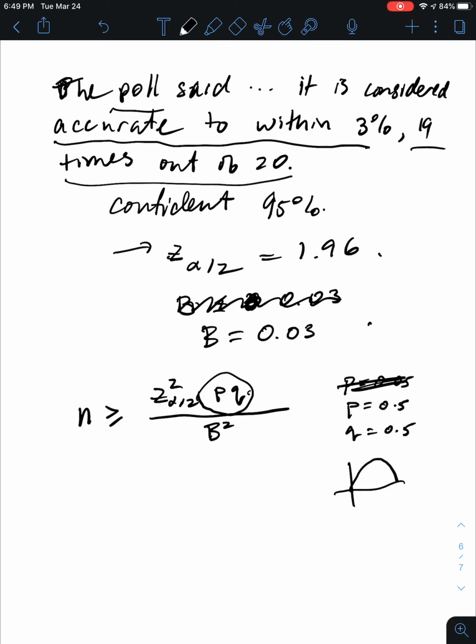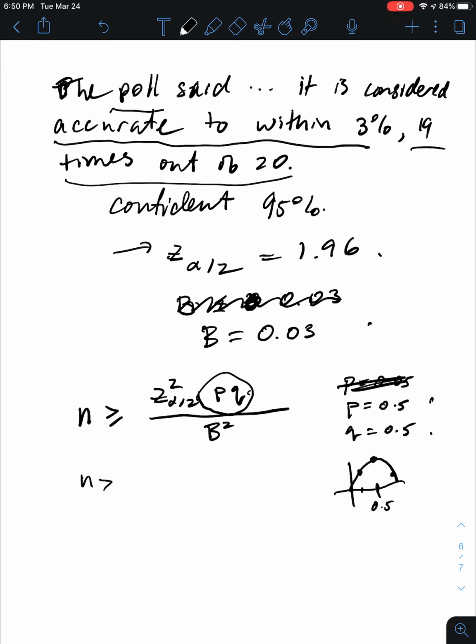It's a parabola, if you recall from your high school math. And so if I take a lower value for P, it's going to lower PQ from its maximum. And if I take a higher value for P, it's going to still lower PQ from its maximum. So the maximum is reached at 0.5.